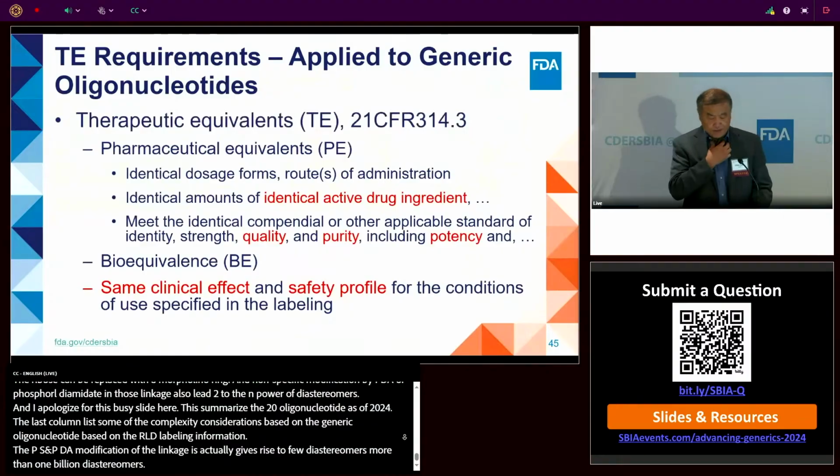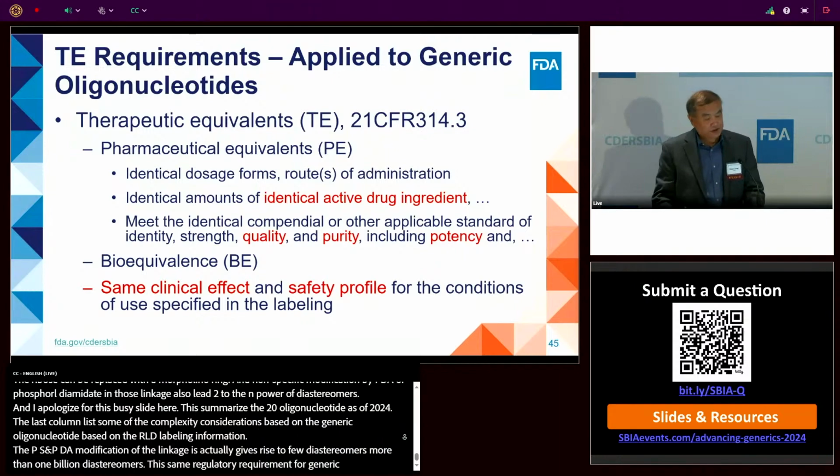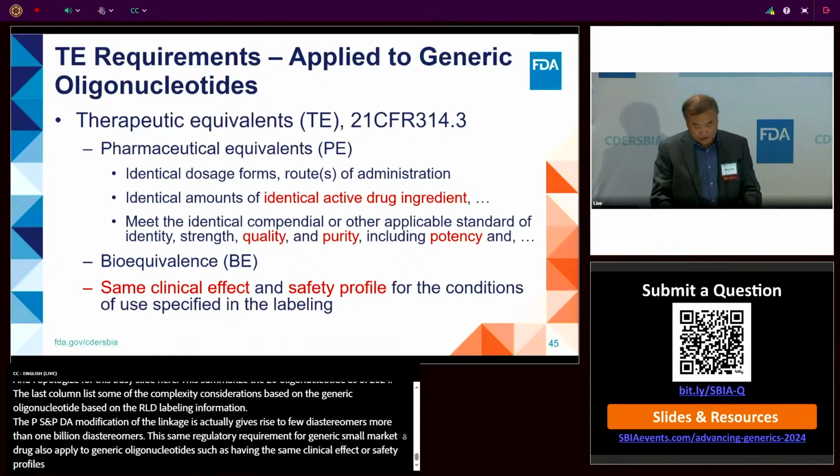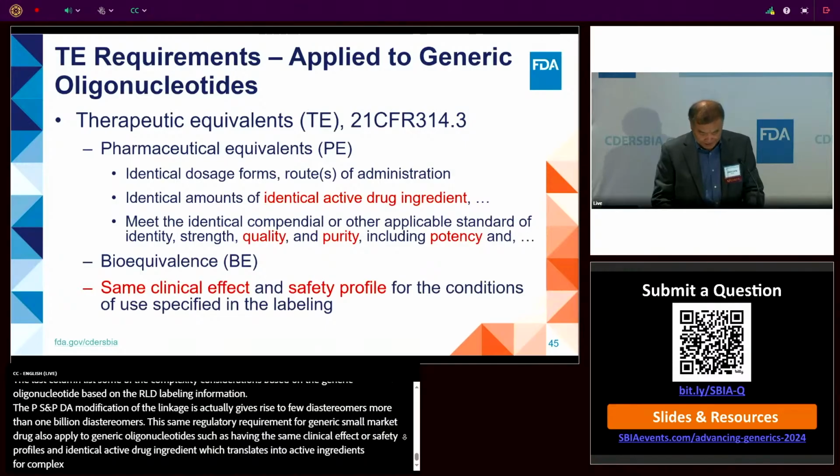The same regulatory requirements for generic small molecule drugs also apply to generic oligonucleotides, such as having the same clinical effect or safety profiles and identical active drug ingredients, which translates into active ingredient sameness for complex APIs such as oligonucleotides.